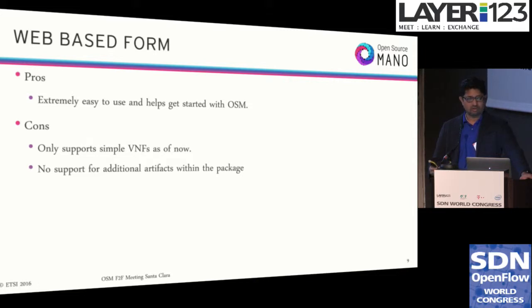Obviously, that's the pro. The con here is that it only supports very basic VNFs, with very basic information within that. Francisco earlier talked about supporting, and Adrian also mentioned the same thing, supporting EPA attributes and a bunch of other things. You won't see them here. But what you get is a package creator. You can then edit them to add a bunch of that information, but at least you get started.